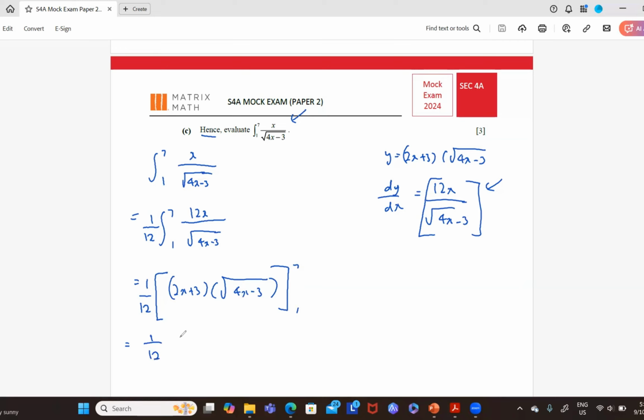So 1 over 12, 2 bracket 7 plus 3, 28 minus 3 bracket, then 2, 1, 3, 4, 1, minus 3. Then you close it.